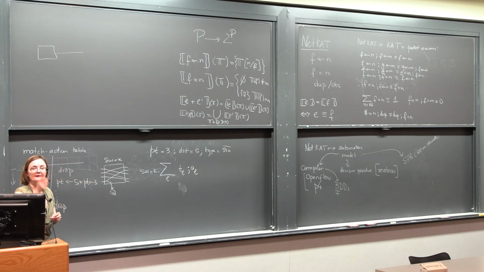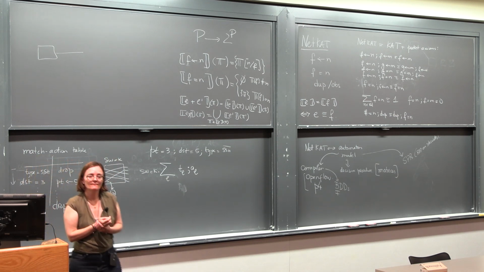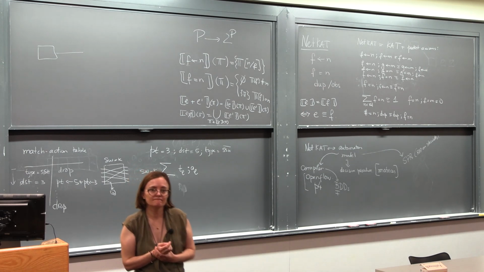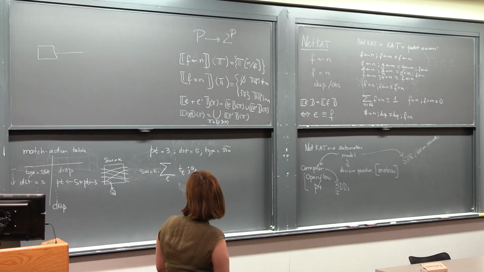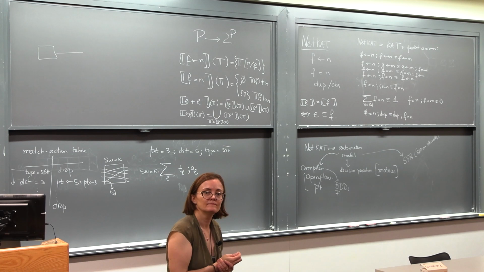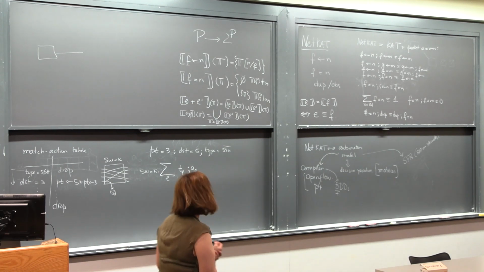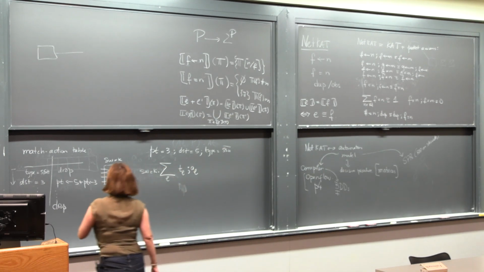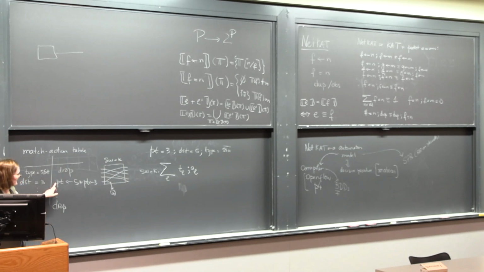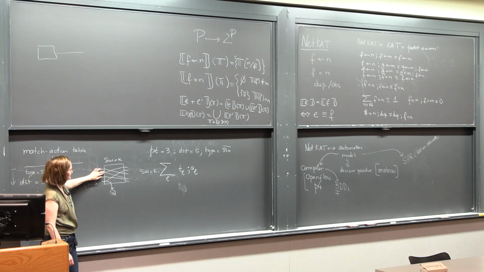Always. Yep. In the second entry where you have port assigned to 5 plus port assigned to 3, is that non-deterministic behavior? So the question is, in the second line here, the action says port assigned to 5 plus port assigned to 3. In operational terms, this is a multicast.